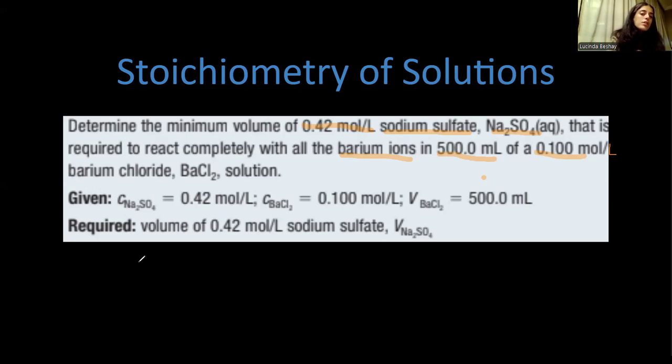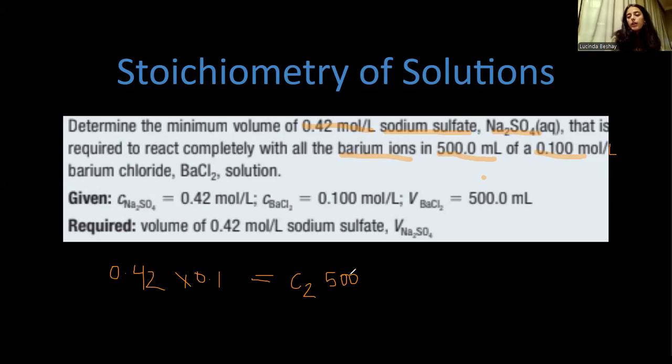So this is a much simpler question. So it'd be 0.42 times 0.1, and then equals C2 times 500, and now it's just a matter of calculating C2.